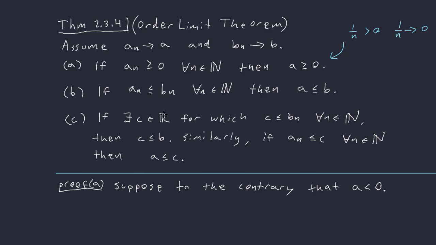So suppose we have a sequence of non-negative values that somehow converges to a negative A.